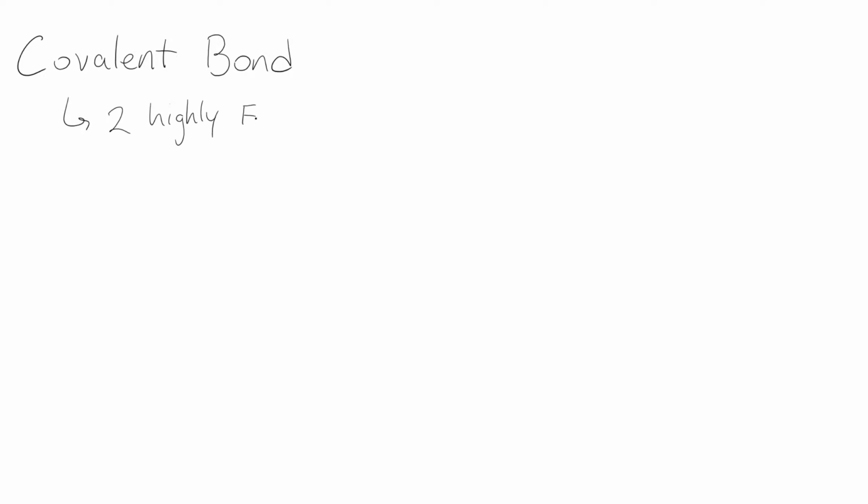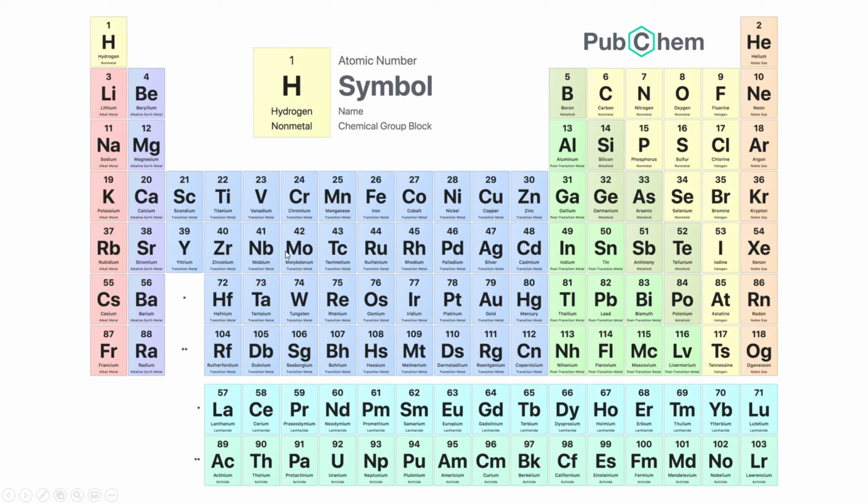If we look on the periodic table, remember, electronegativity grows going from left to right and from down to up. Electronegativity grows this way.